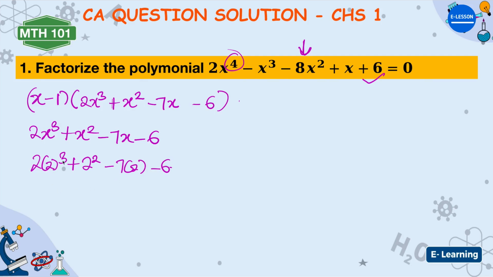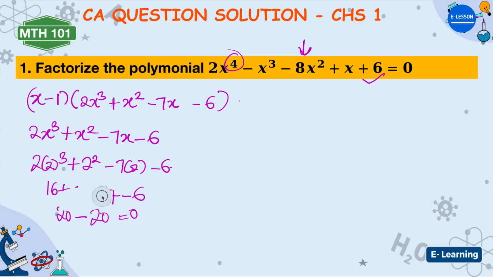Now, at the end of the day, 2 raised to the power of 3 is 8. 8 times 2 is 16. 2 squared is 4, minus 7 times 2 is 14, minus 6. Are you getting it? So this is 4 plus 16 is 20. So 20 minus 14 minus 6 is 0. So this one gave us 0. So it means 2 will work. Are you getting it now?